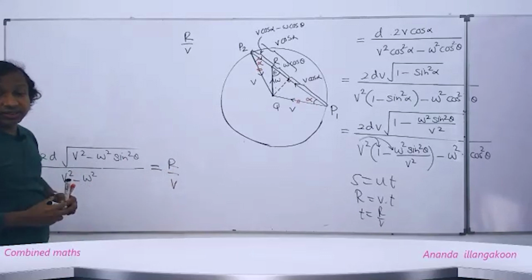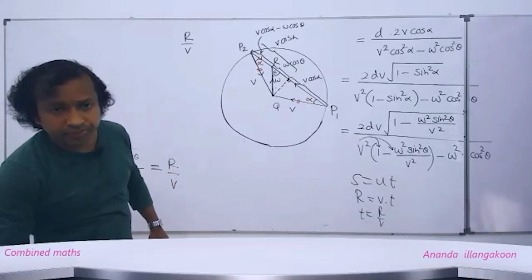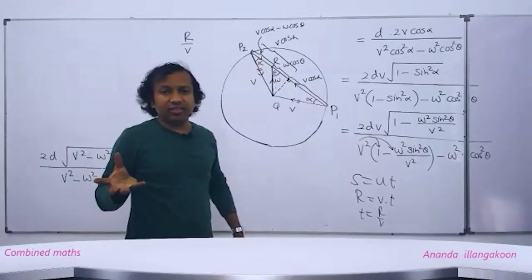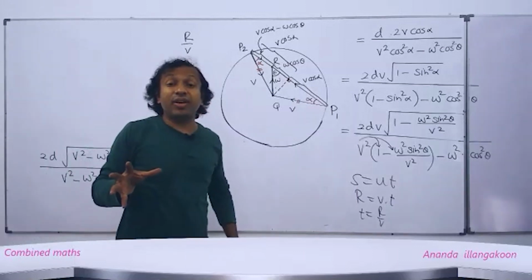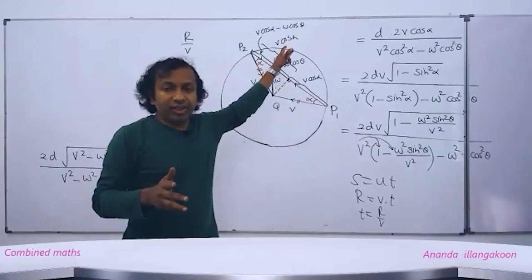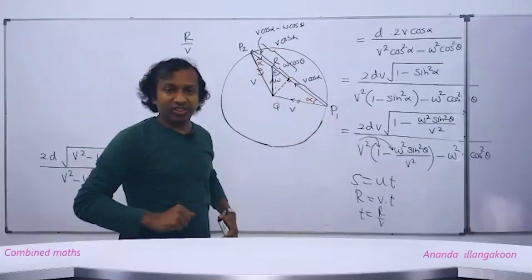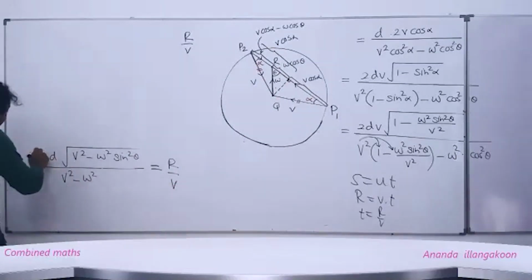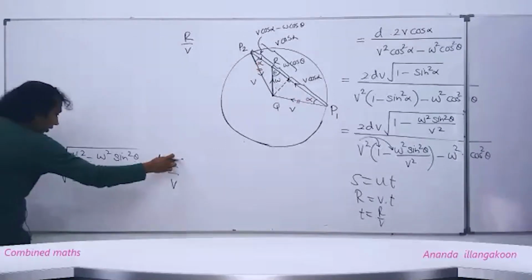Now people, take the answer. In the question, they are asking for the total distance traveled by the aeroplane. What is the total distance traveled by the aeroplane? From A to B, d, from B to A, d. 2d. Then we have to find 2d, not d, 2d. Right. Then substitute 2d by this. Take this here.